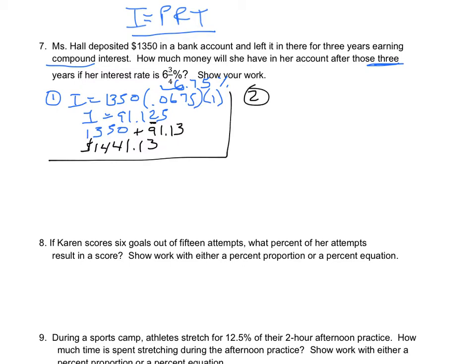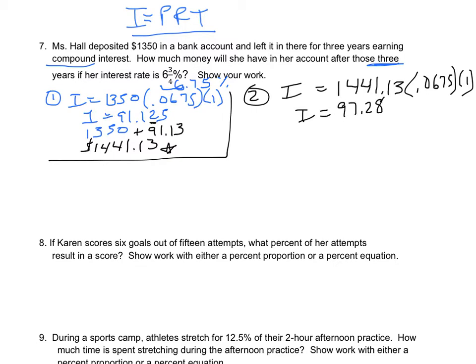Year 2. Okay, again, same formula, interest equals. Now we're going to go ahead and take this down here and put that as our new principal. Okay, again, same interest rate, so the 0.0675 again times the 1. Okay, go ahead and multiply that out, and you're going to get approximately 97.28. Okay, again, we're going to add this together.